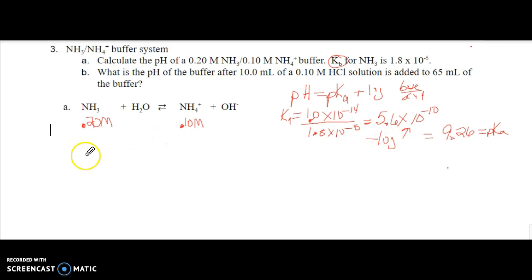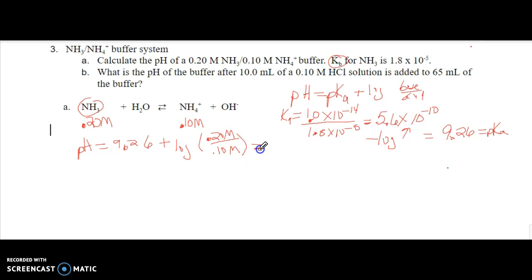So when I plug all of that in, I'm going to have my pH equal to 9.26 plus the log of the base, which is the NH3, the log of 0.2 molar over 0.1 molar.